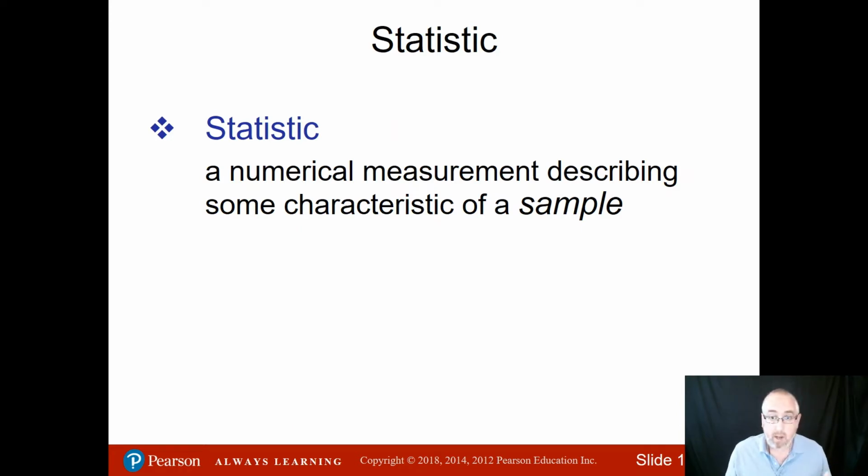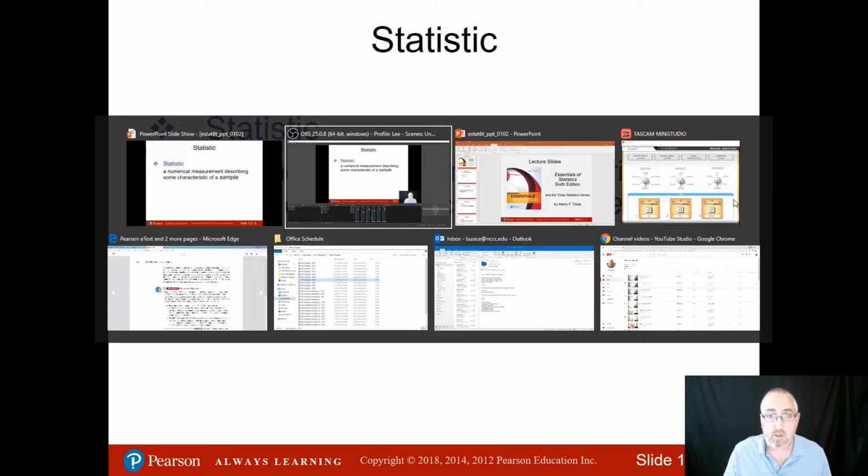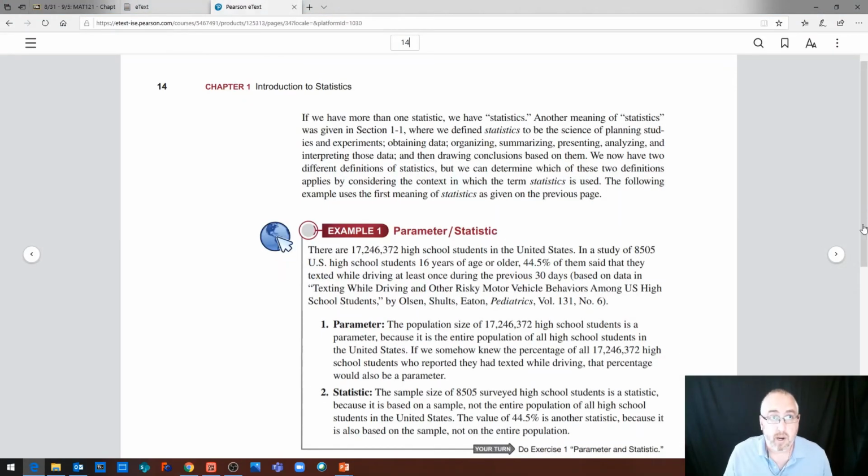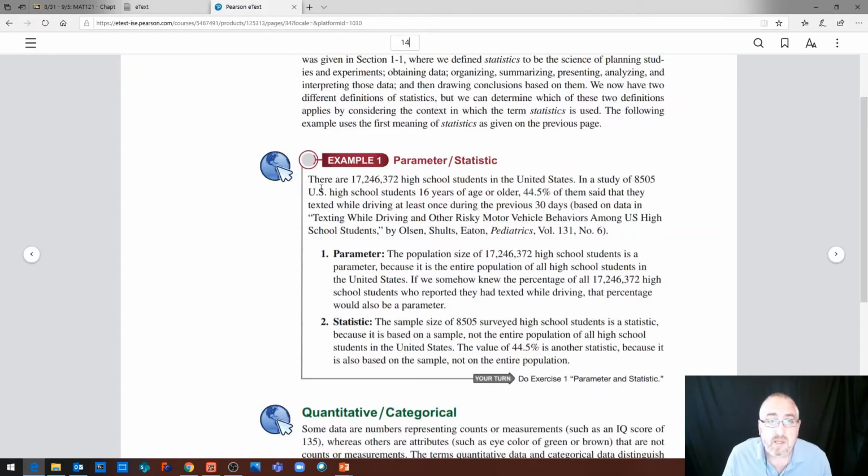Now I just want to do a quick little example from the textbook. If you're looking at your notes, I have example 1 on page 14. Let's flip over to there real quick. Example 1 says there are 17,246,372 high school students in the United States.